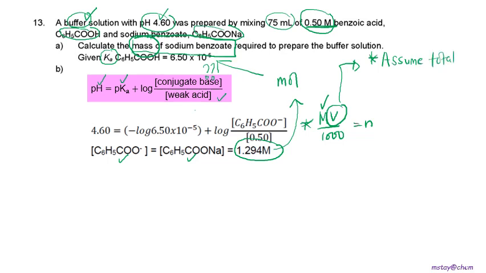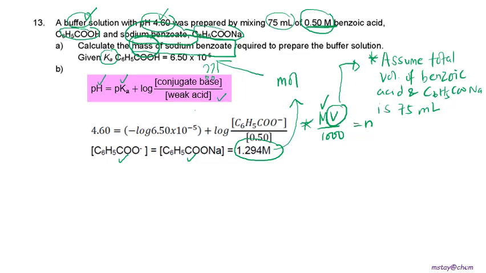So you have to mention: assume the total volume of benzoic acid and sodium benzoate is 75 ml. Basically, we can have the idea that this sodium benzoate will be in powder form, so maybe the volume is quite small compared to the actual one.